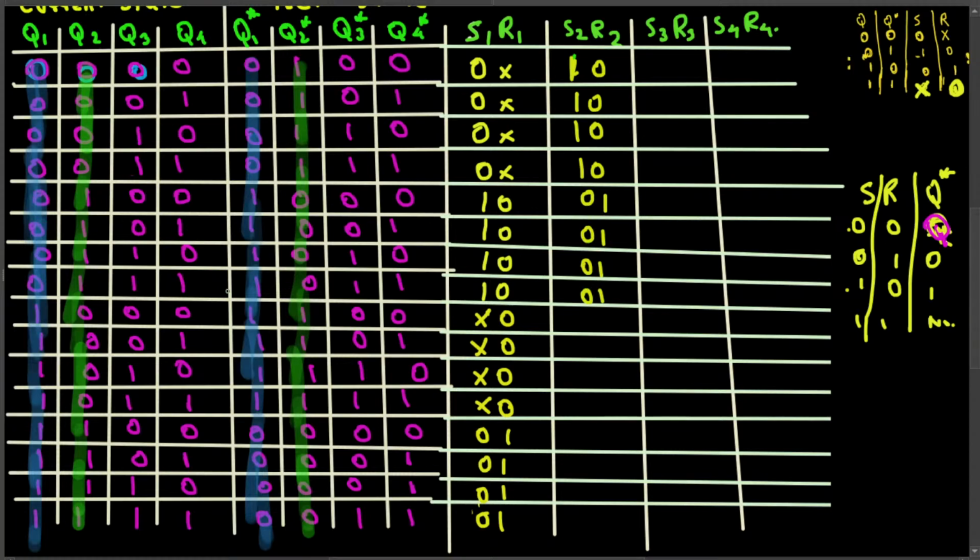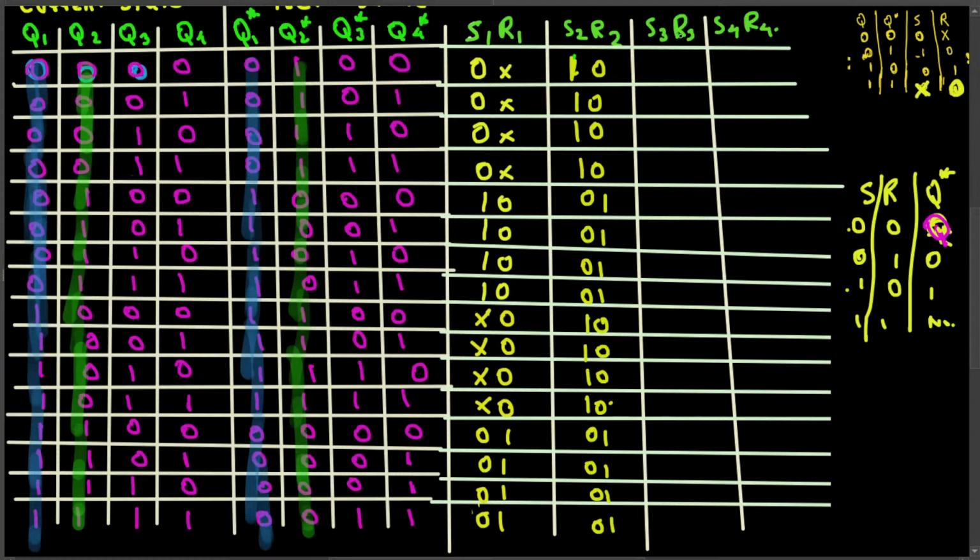And when it's 0 1, what's the truth table? 1 0. Yeah, 1 0 1 0 1 0 1 0. And when we have 1 0, what's the truth table? That is 0 1 0 1 0 1 0 1.